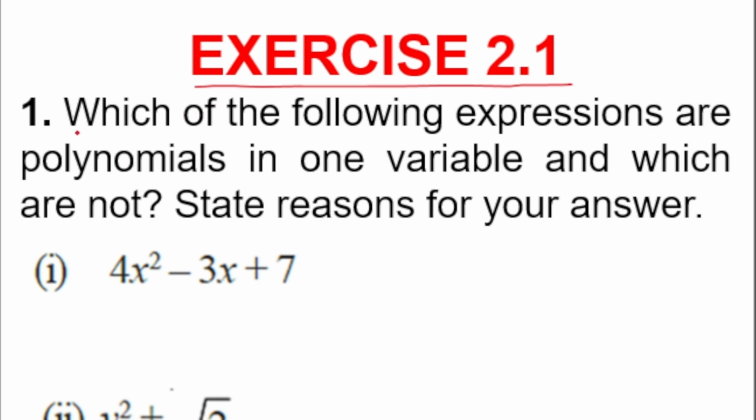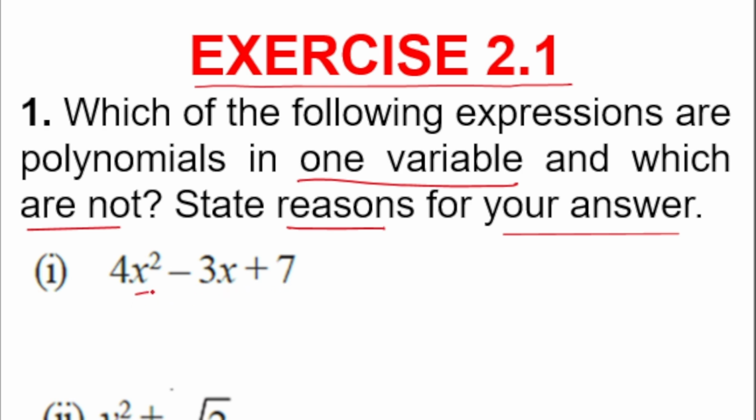In this question, they say: which of the following expressions are polynomials in one variable and which are not? State reasons for your answer. So as we observe, the expression is 4x² − 3x + 7.